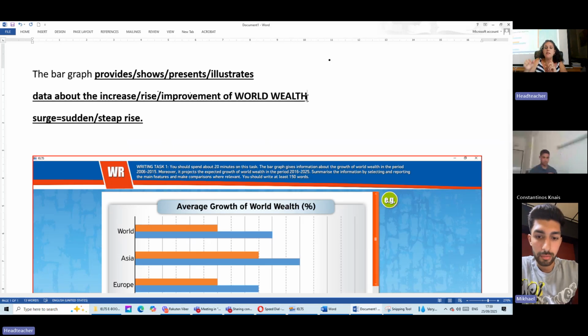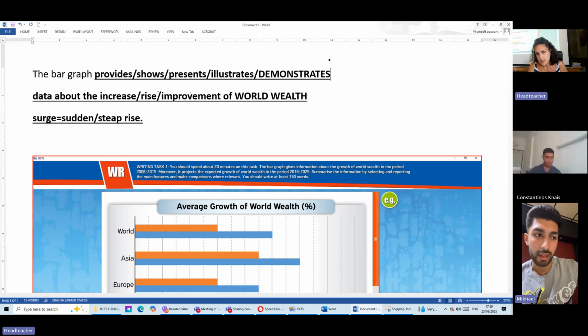So Michael said the bar graph demonstrates. Is it correct? It's perfect. Can you repeat? The average percentage growth of wealth between the year 2006 and 2015.